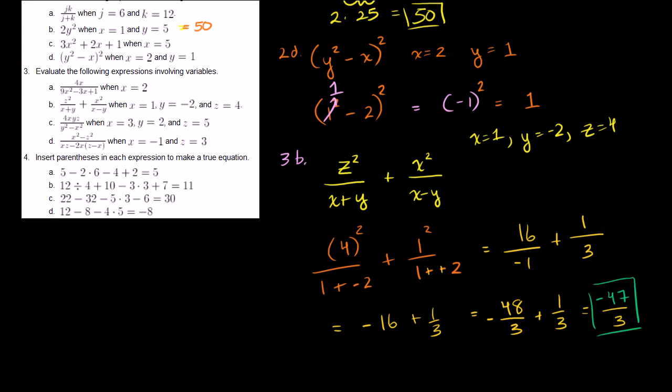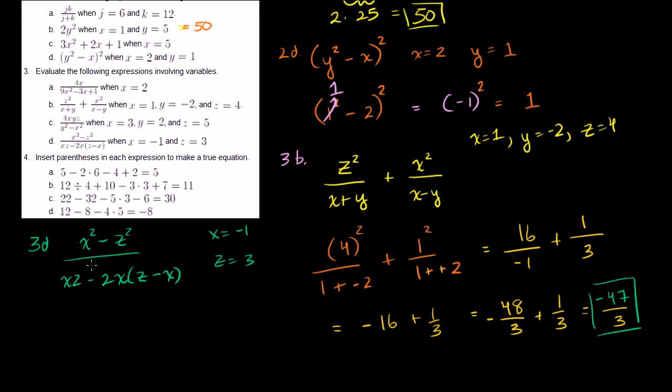Problem 3D. Same type of situation. X squared minus z squared over xz minus 2x times z minus x. X is equal to negative 1. Z is equal to 3. Let's do our substitution.